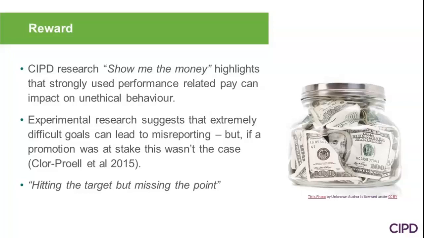So, for example, there's examples, ambulance drivers within this research that suggest that when there's a target of getting patients in quickly, ambulance drivers would prioritise patients nearer to them rather than by their need. Obviously, this is a really extreme example, but it really shows that what you reward and how you reward that can influence people's behaviour. And of course, that's why we do it in the first place, but it also means that if we're not making our rewards clear and not aligning them with multiple outcomes, that can be an issue.